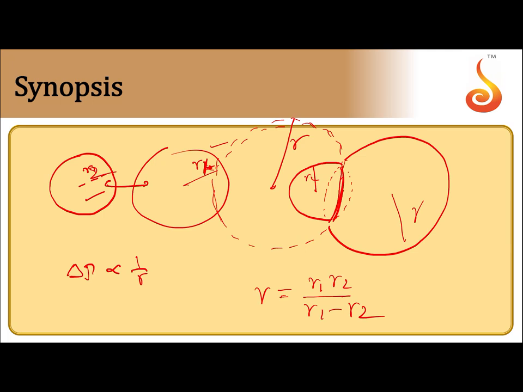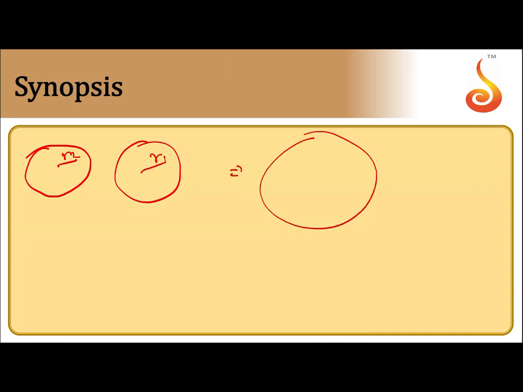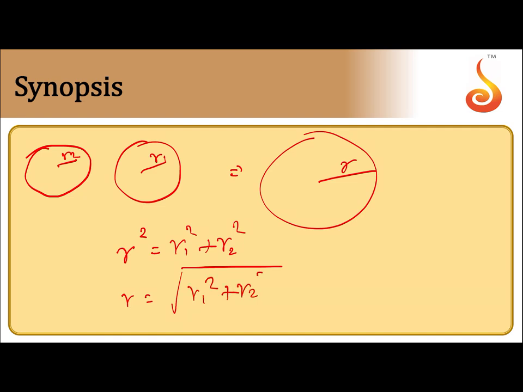However, if two bubbles of radius r2 and r1 combine to form a bigger one whose radius is R, then their radii are related simply by R squared equals r1 squared plus r2 squared, or R equals the square root of r1 squared plus r2 squared. So this is the idea behind the combination of bubbles.